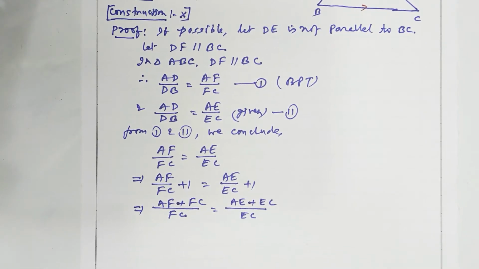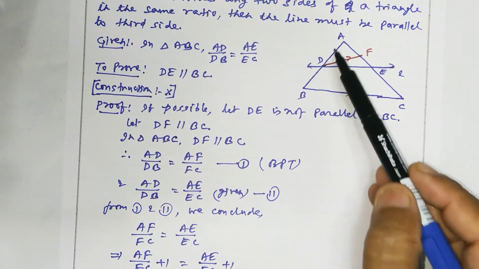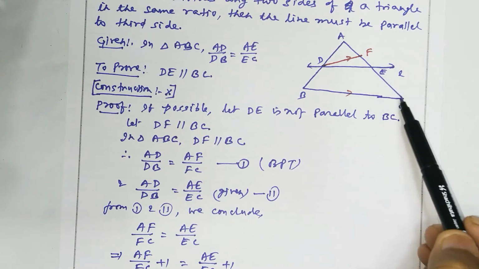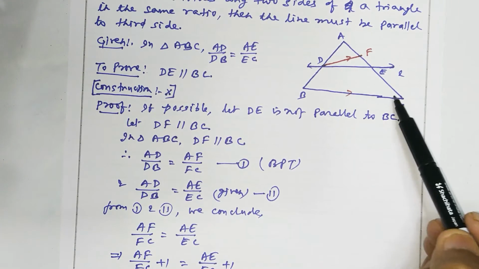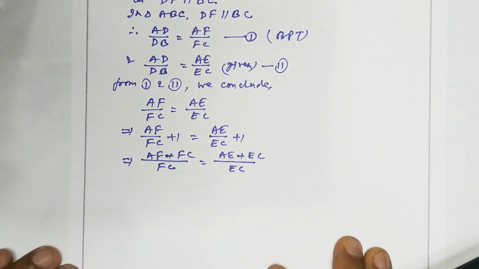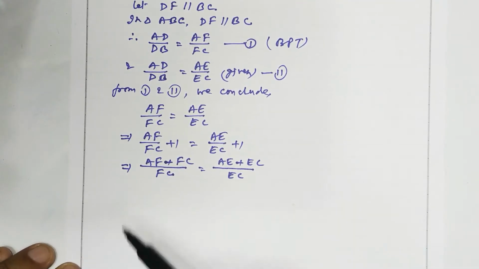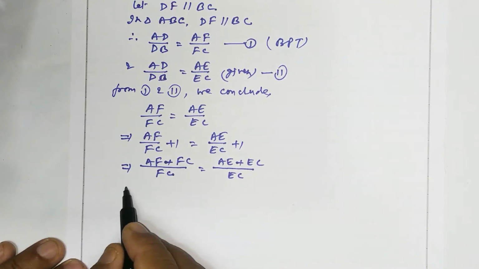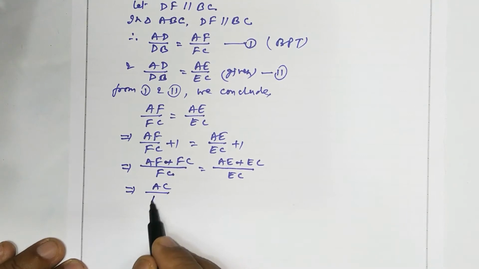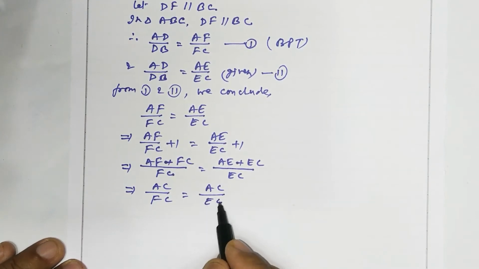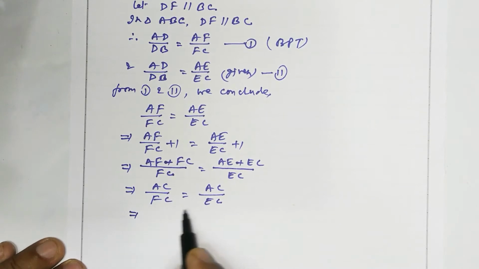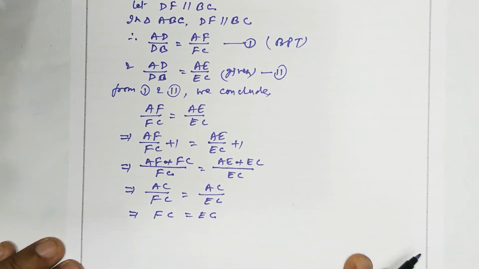Now you see the figure, AF plus FC gives you AC, and AE plus EC also gives you AC. So we get AC by FC equal to AC by EC. Since the numerator is the same, FC equals EC.